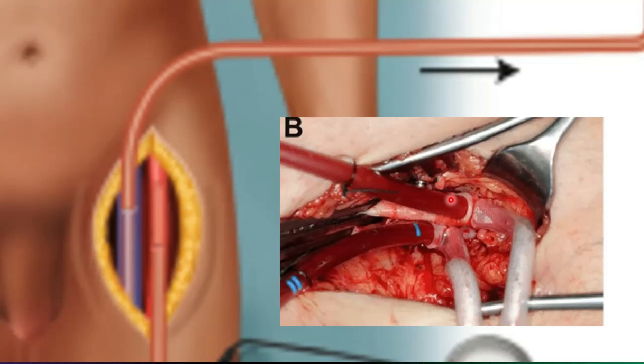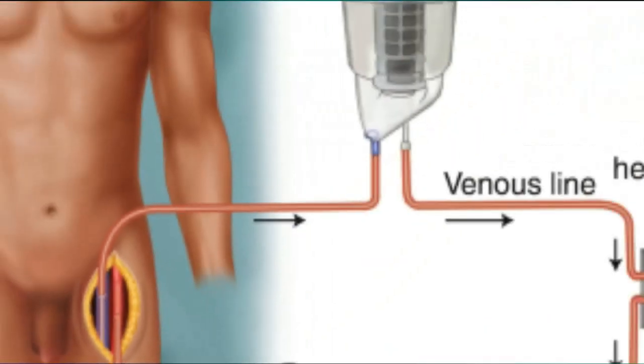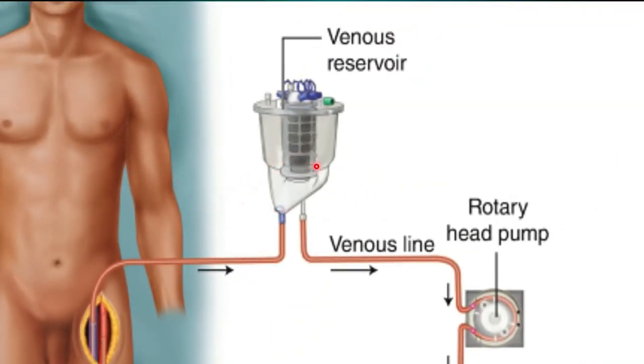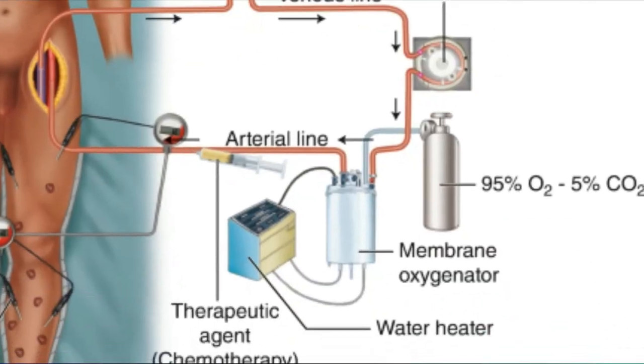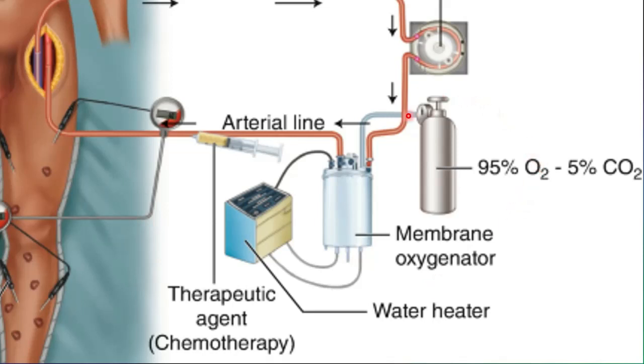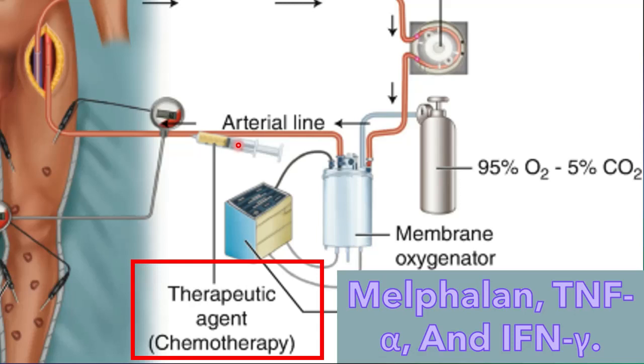The vascular catheter is passed like this, and from the vein all the blood is sucked out. From the vein all the blood is removed to the venous reservoir with the help of a rotary head pump, and that blood is oxygenated like a heart-lung machine. That blood is oxygenated, and then it is pumped back into the artery, and in that arterial line we put in the chemotherapeutic agent.